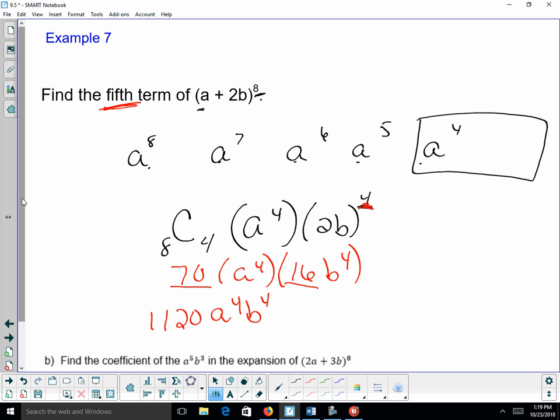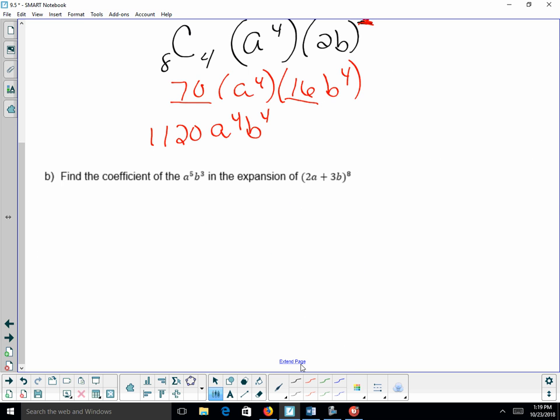So the next one, I want to find the coefficient, and it just wants the coefficient of this 2a plus 3b to the 8th power. This one kind of helps me because I have b to the 3rd. So this 3b was raised to the 3rd, and this 2a was raised to the 5th. When I do my combination, I'm doing 8 choose 3.